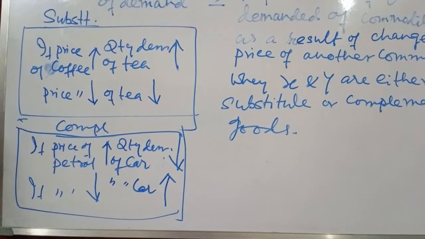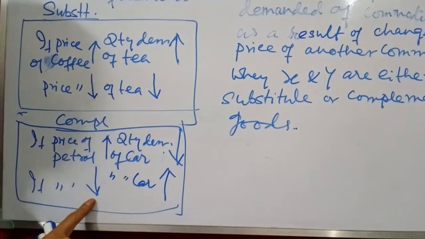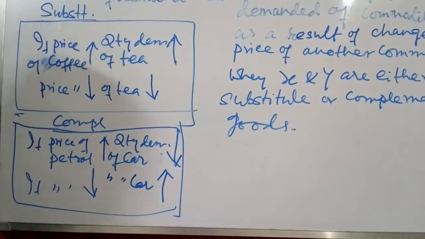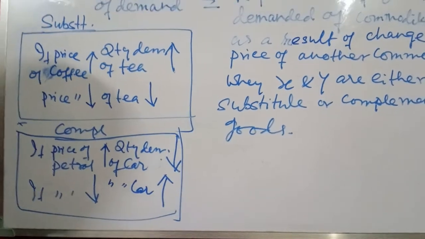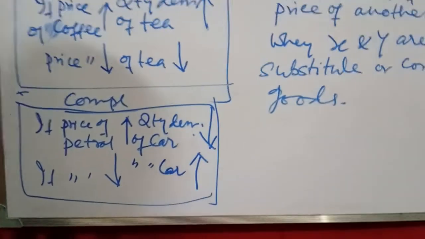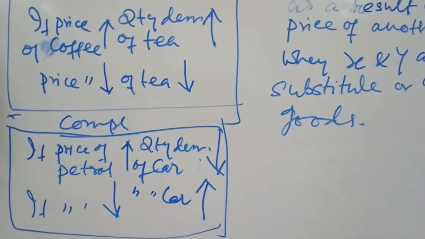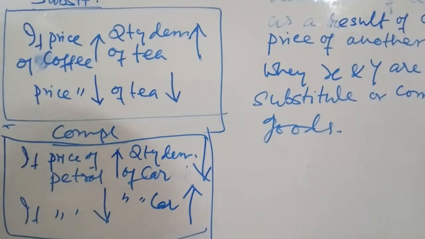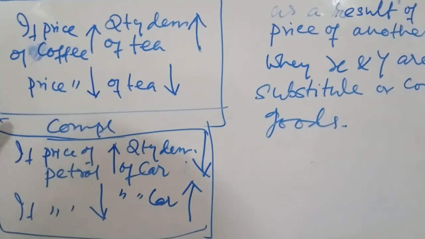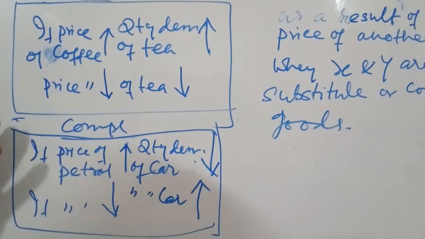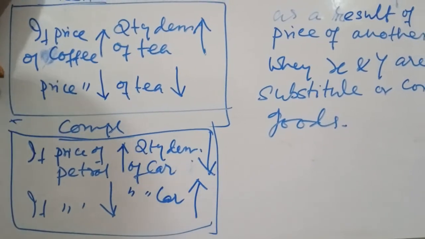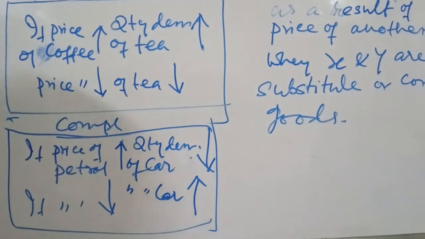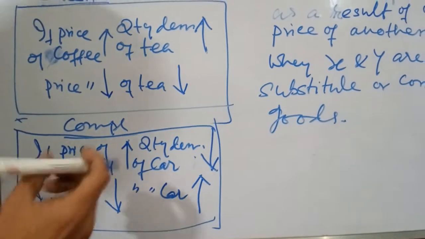On the other hand, if price of petrol falls, running a car will be cheaper relative to earlier days. As a result, demand for car will also rise. So these two reverse mechanisms work in case of substitute goods and complementary goods. Right?